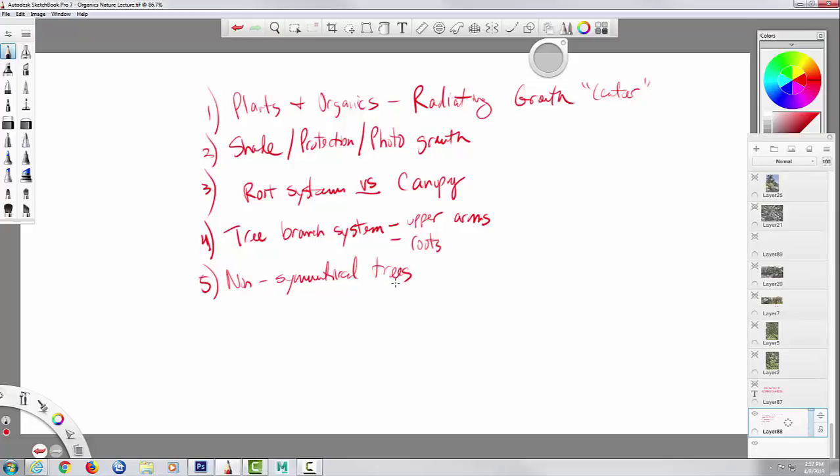So having trees that have gesture. Trees that have a gesture to them, right? I can't spell today. I can't ever spell. So they're not always perfectly straight.